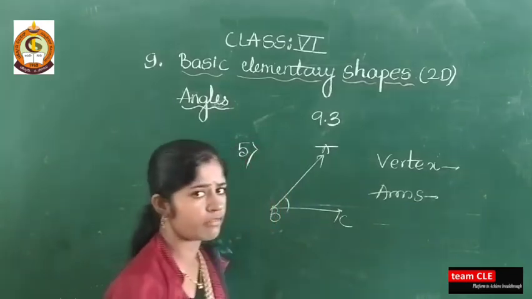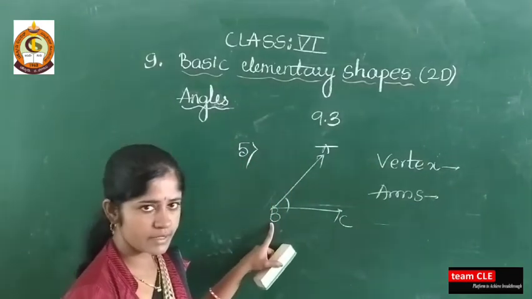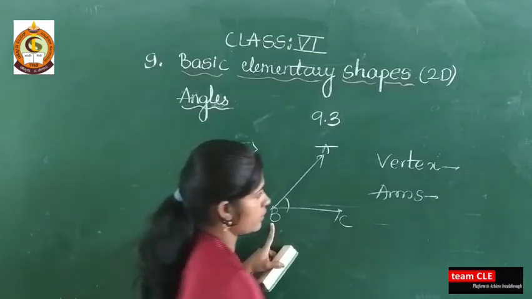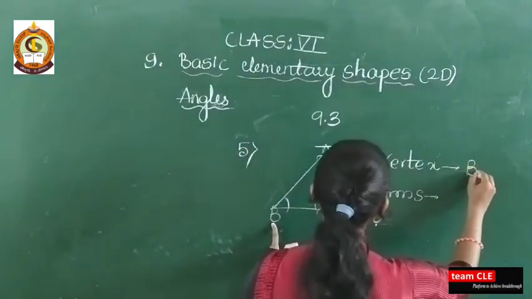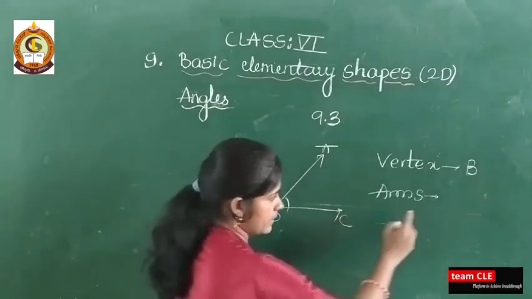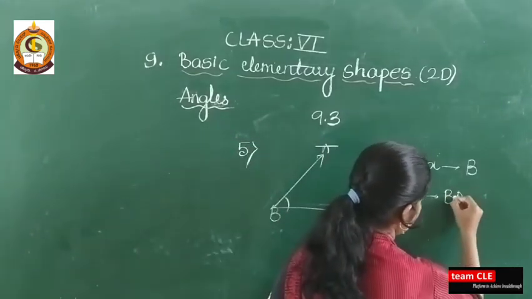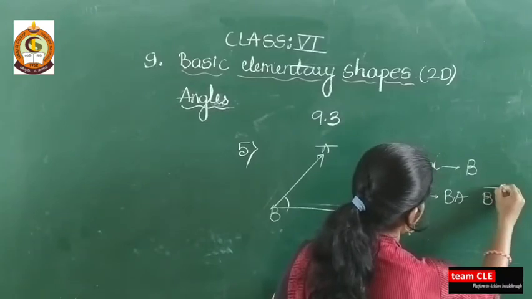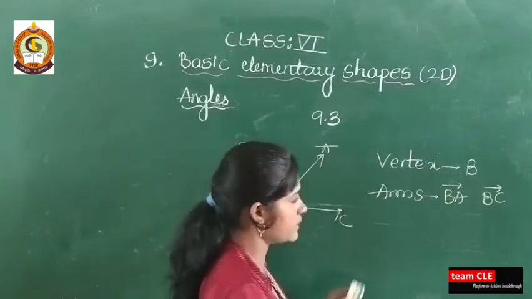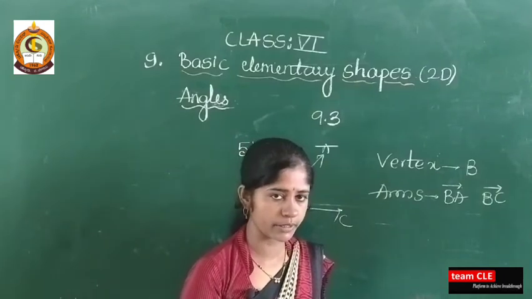Tell me, where is the vertex? Yes, B is the vertex. Already I told you the meeting point we are calling vertex. So here the vertex is B, and the arms are BA and BC, because rays BA and BC are the arms. I hope you are getting my point.